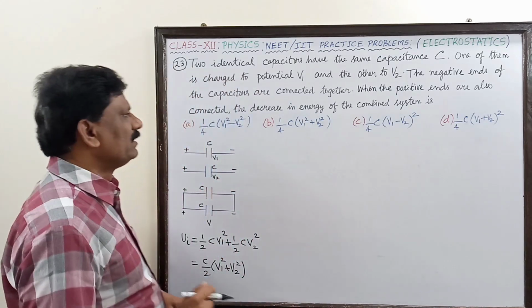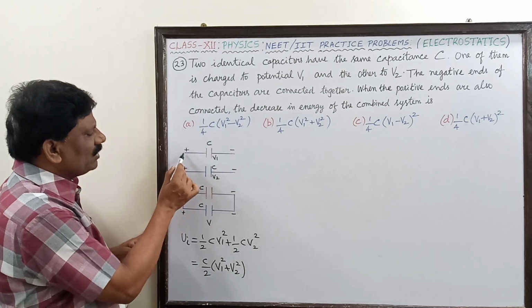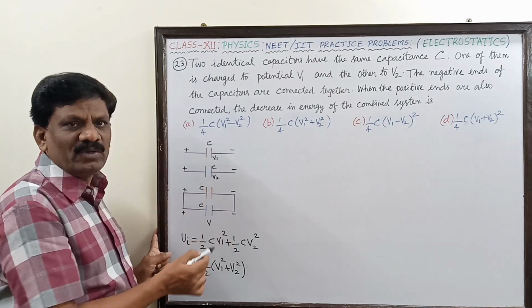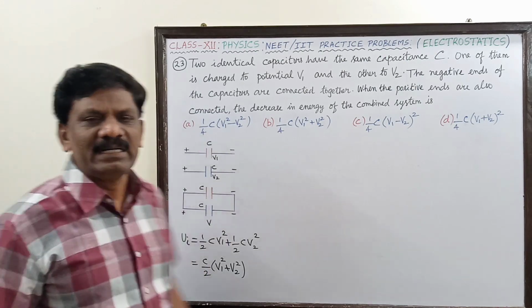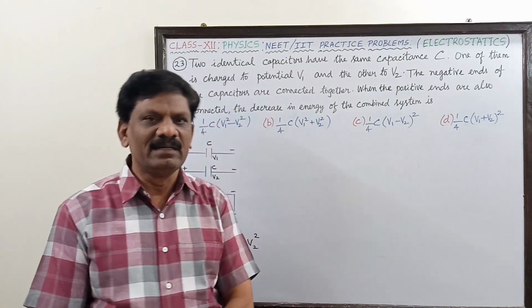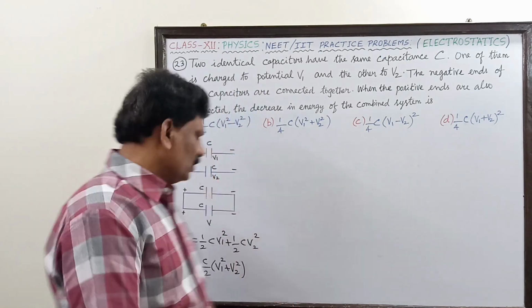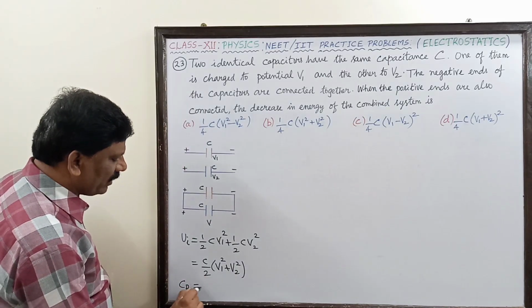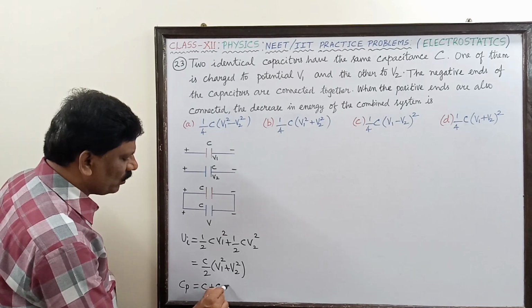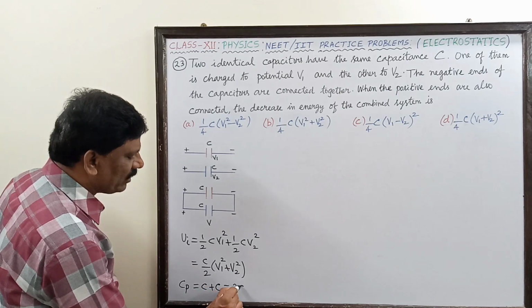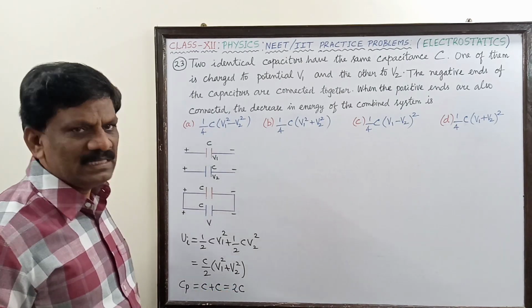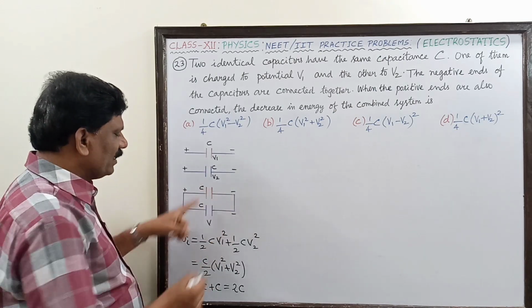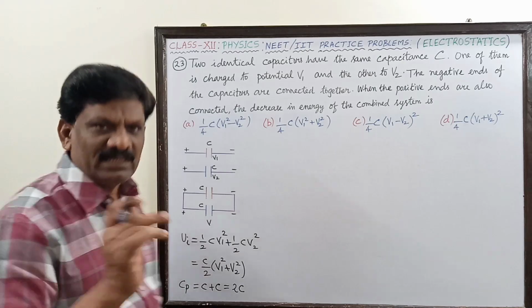What next is given? The positive terminals of the two capacitors are joined together and the negative terminals are joined together, meaning they are connected in parallel, is it not? So C parallel is equal to C1 plus C2, that is C plus C, which is 2C.